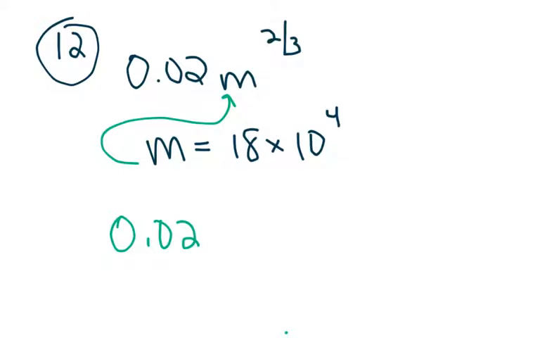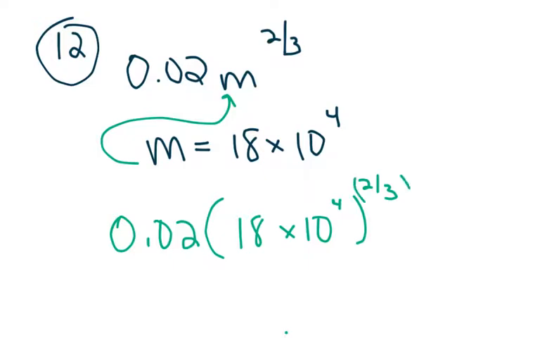Now, when you plug this into your calculator, it's probably just easiest to write it in your calculator like this. Remember, though, that if you have the old operating system, when you go to raise that parentheses to the 2/3 power, you'll need to put it in parentheses. If you have the new operating system, you don't have to worry about it. Either way, when you shove it in your calculator, you should get 63.8.